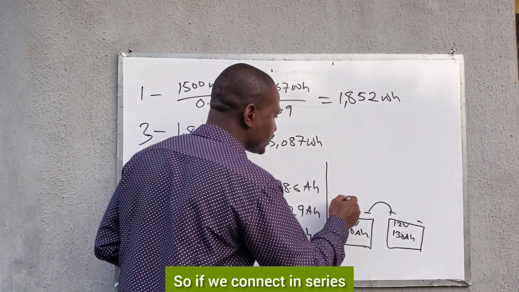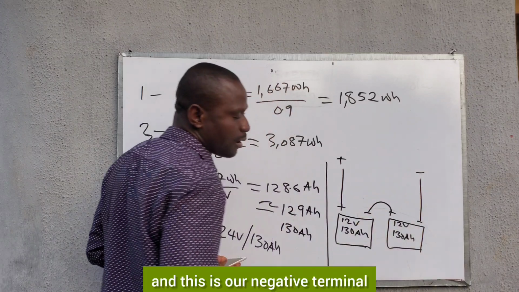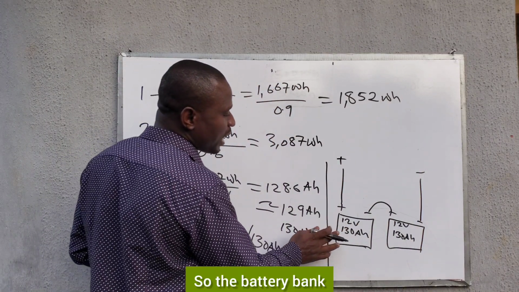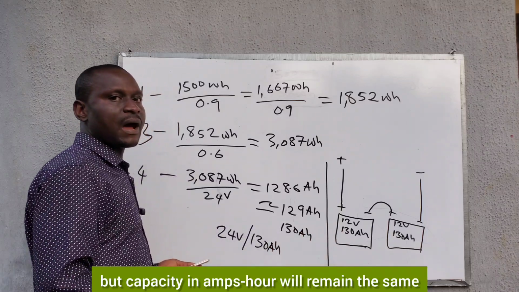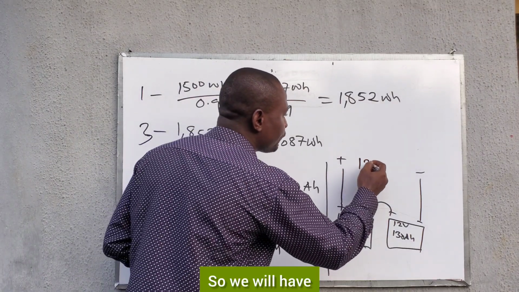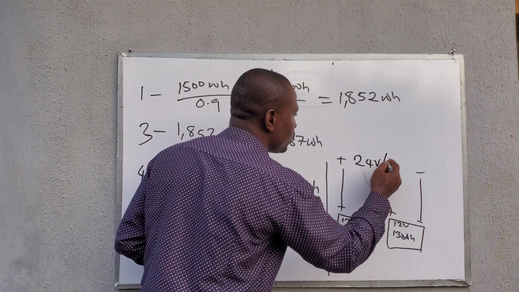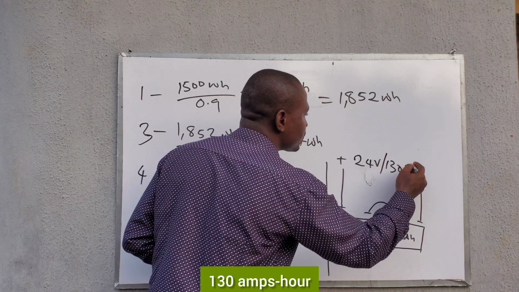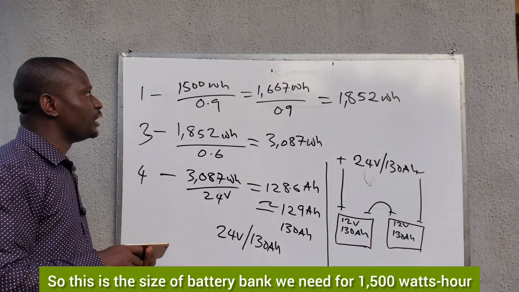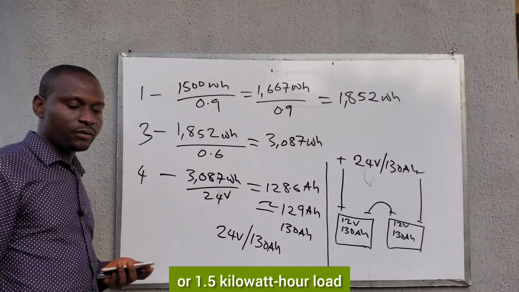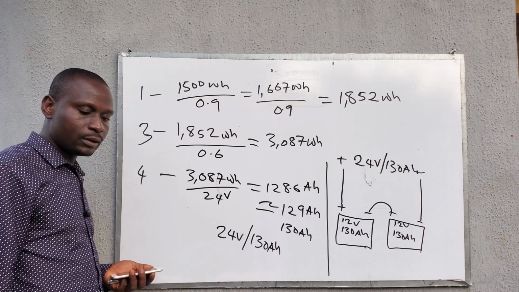If we connect in series, this is our positive terminal, and this is our negative terminal. The voltage will double, but capacity in amps hour will remain the same. So we will have 24 volts, 130 amps hour. So this is the size of battery bank we need for 1,500 watts hour or 1.5 kilowatt hour load.